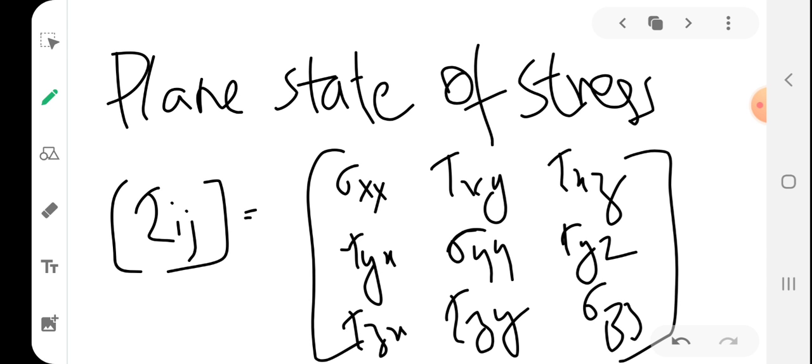So this is the general form of a state of stress in Cartesian form or in the three-dimensional form.